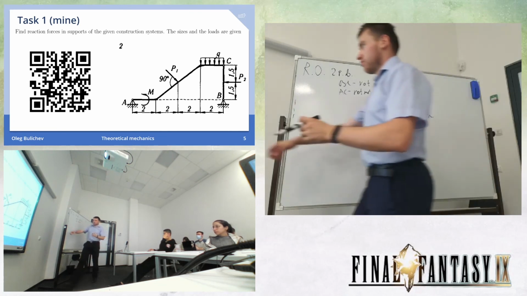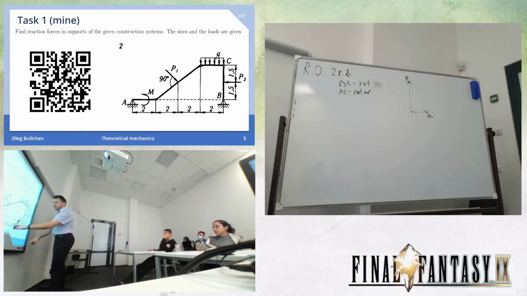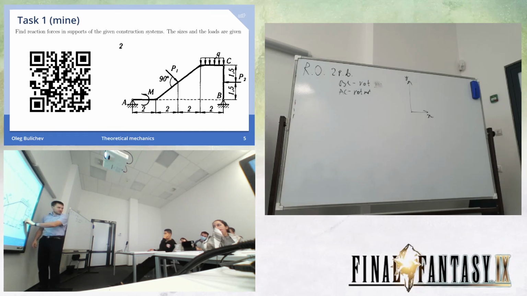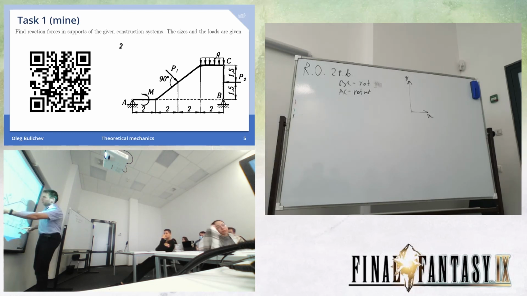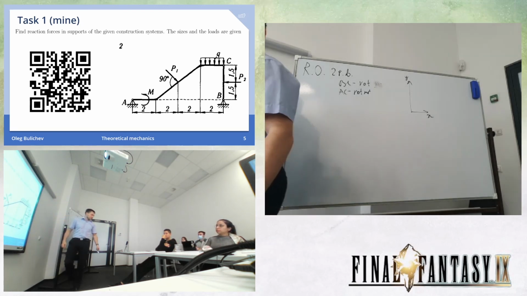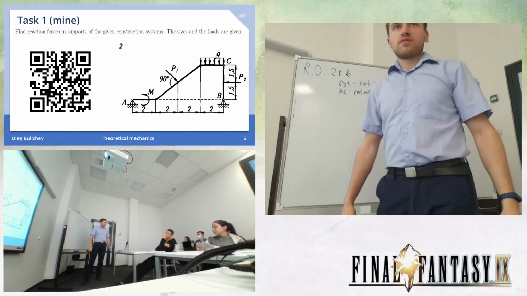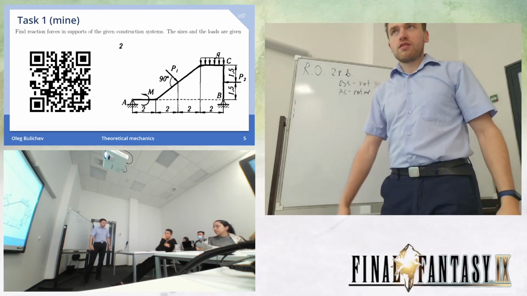But it rotates. So AC is not rigid? AC is rigid. It cannot change its form. Actually, you can think in terms of just the line from A to C. Okay, I also have trouble imagining this.